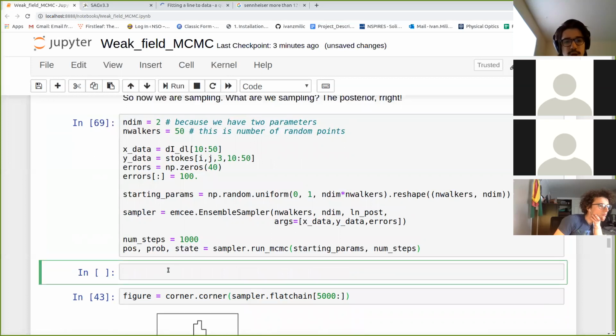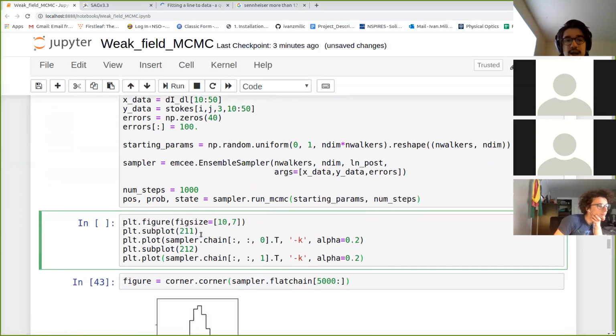And now what I'm going to plot is all these quantities, all the positions where our walkers were walking are saved in the quantity called chain. And chain is, actually, let's do that first. So insert cell above.